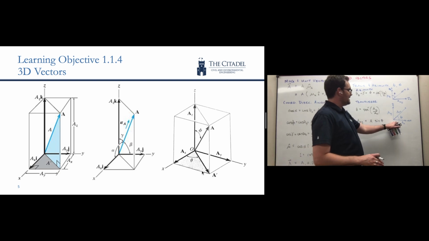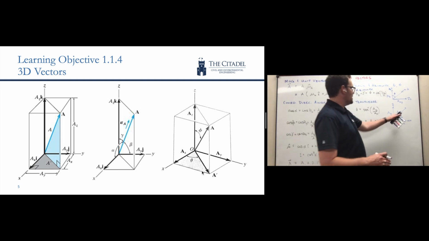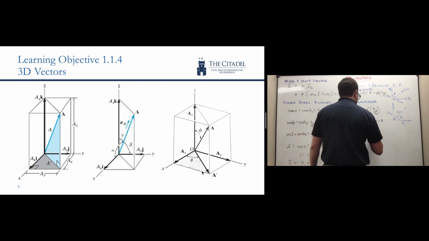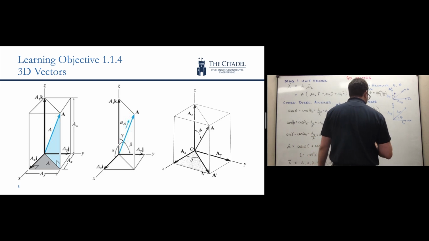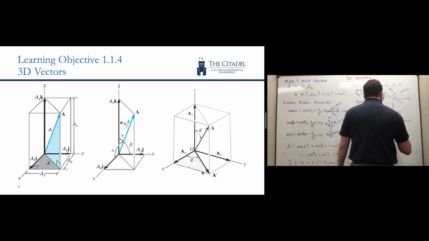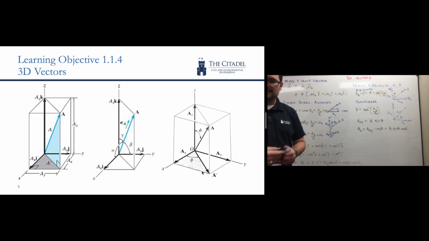So we're getting that magnitude there. Then I can look at it from the top like this, and I can break it down. So if I know A_xy, my A_x is going to be equal to A_xy times, that's adjacent, so cosine of theta, or A sine phi cosine theta. So hopefully you're getting a sense of all the ways that this can be broken down.